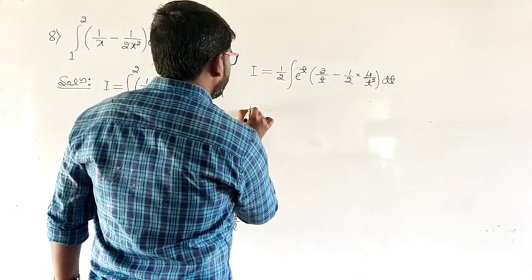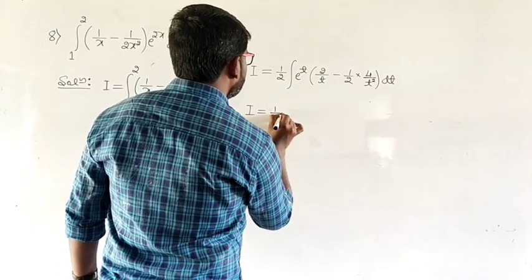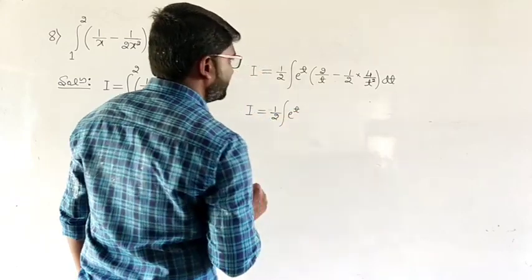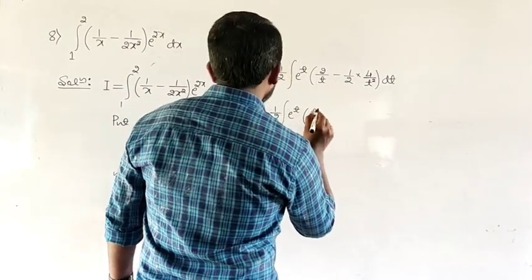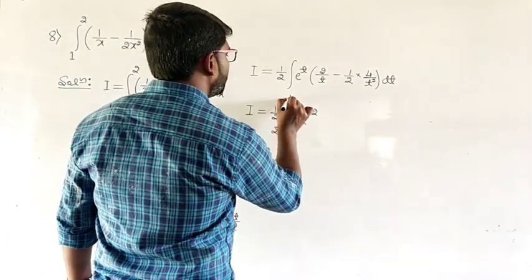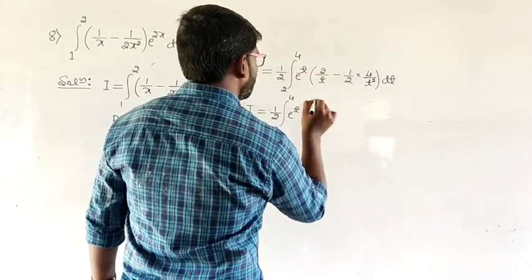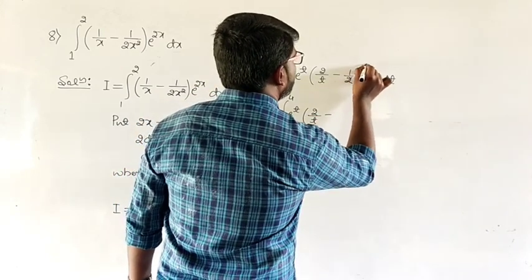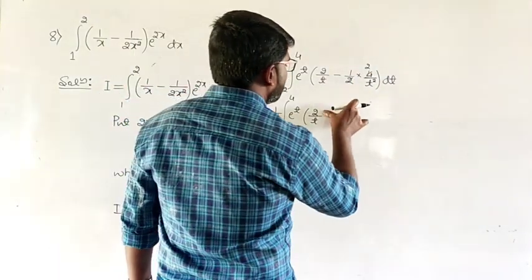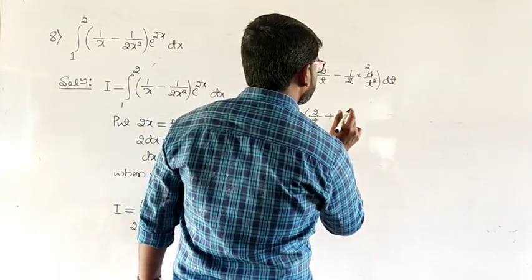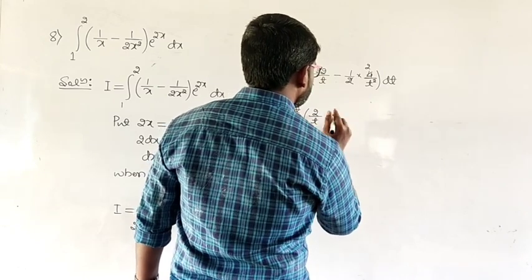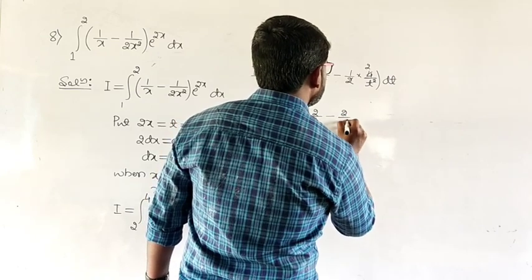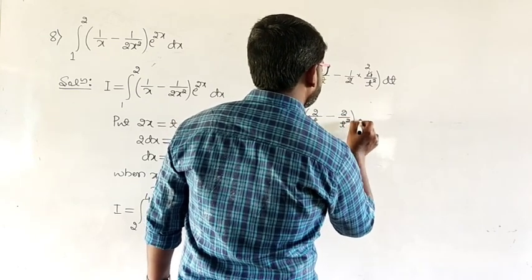So here I is equal to 1 by 2 integral e power t, with the limits 2 to 4, of 2 by t minus 2 ones are 2, 2 twos are 4, so we get minus 2 divided by t square.